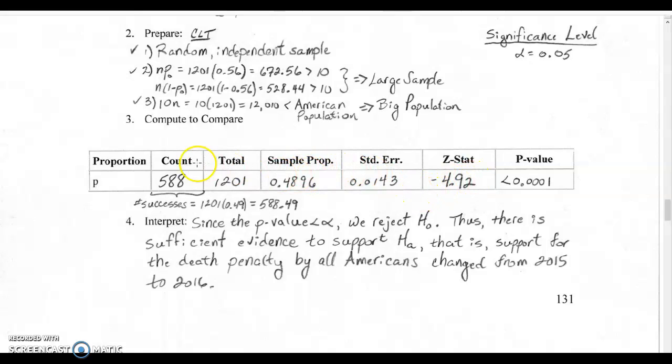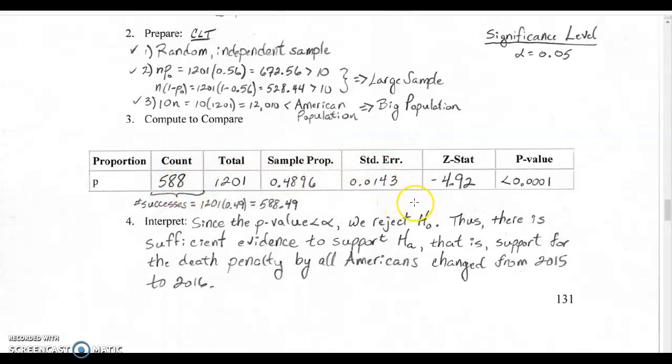So your sample proportion, again, 49% was rounded in the notes, but we have it in the written problem statement. But because I had to round the count back down to 588 successes, it gave a sample proportion of 0.4896. So not quite 49%, but we can't put a decimal in here for the count.